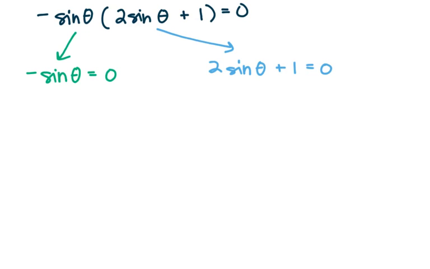So I'm going to solve each of these equations. This is sine theta equals 0. The other one, I'll subtract 1 and divide by 2. I have sine theta equals negative 1/2.